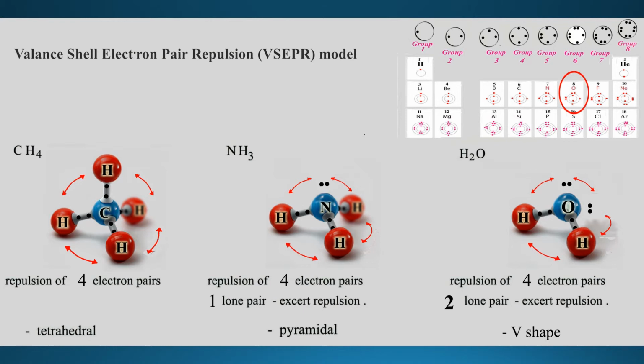And now this forces it into a V shape. So water has 2 lone pairs and it is a V-shaped molecule. So they form into a tetrahedral shape, pyramid shape, and a V shape, all by this pair repulsion.